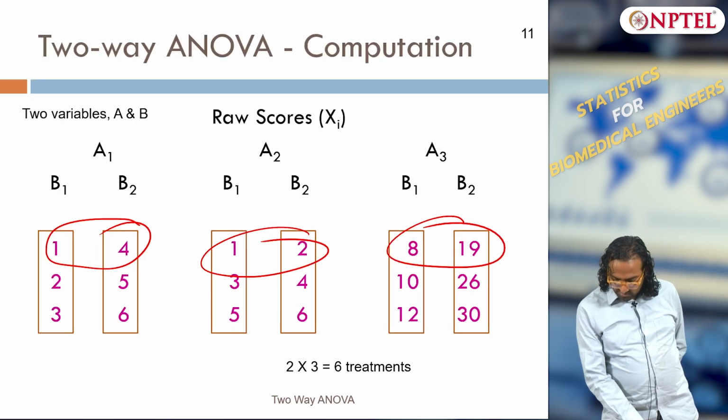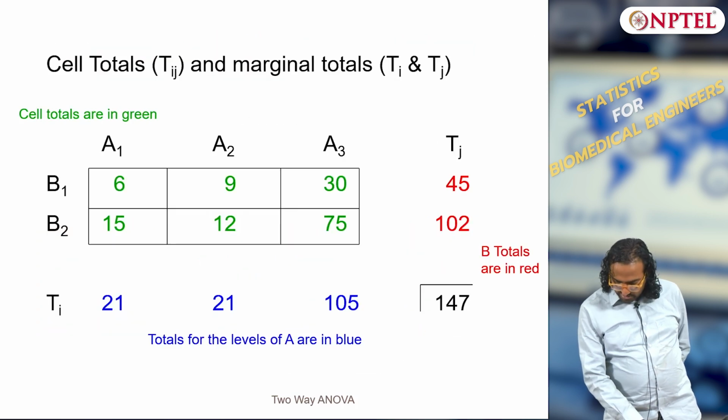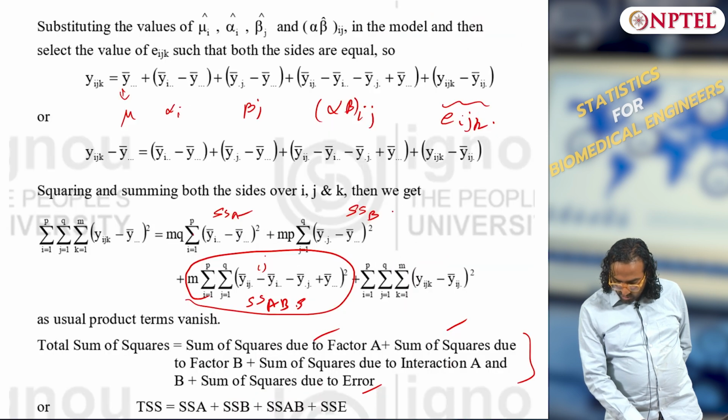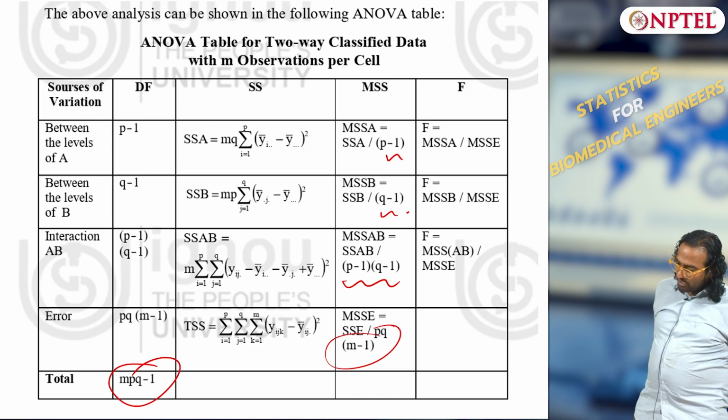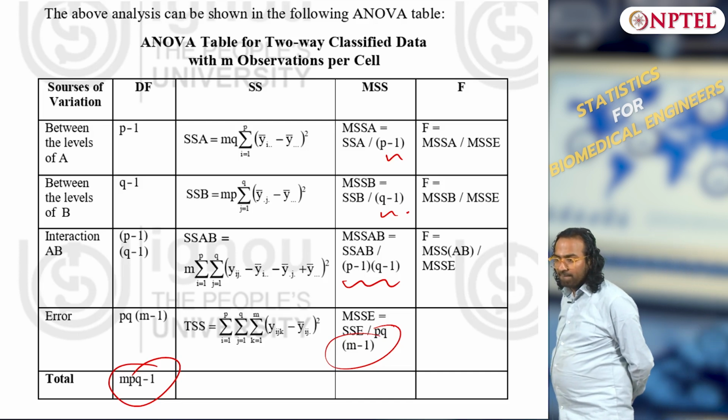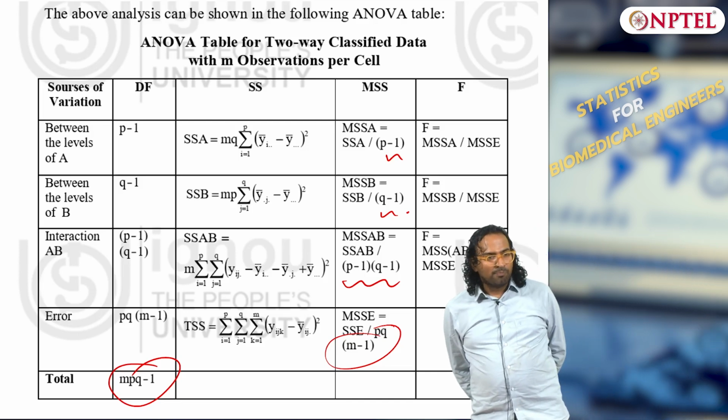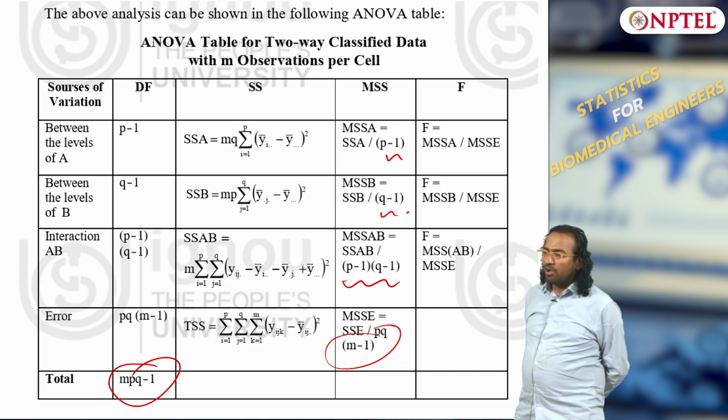So this given the cell totals does not matter, okay. So then what do I have to figure out? I have to compute sum squared A, that is mean squared A, basically. The degrees of freedom we know: P minus 1. What is the degrees of freedom of A?